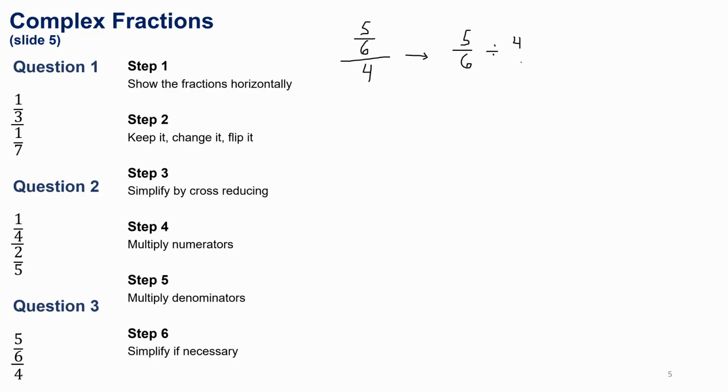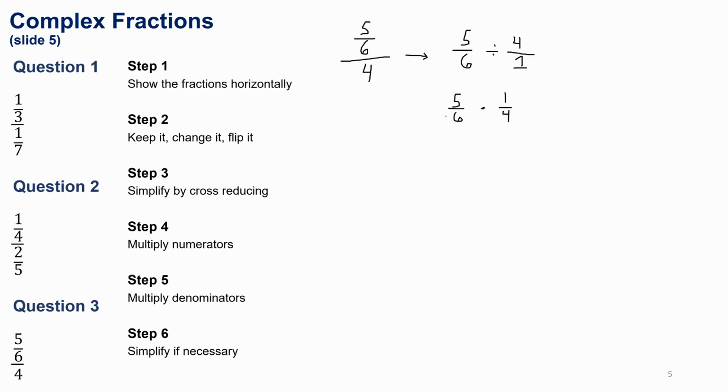Now, when we have a whole number, we can structure that as a fraction by putting a 1 in the denominator here. So now we have two fractions. Let's go ahead and follow the keep it, change it, flip it rule, where we keep 5/6 the same. We change the division to multiplication, and then we flip or find the reciprocal of 4/1, which is 1/4.